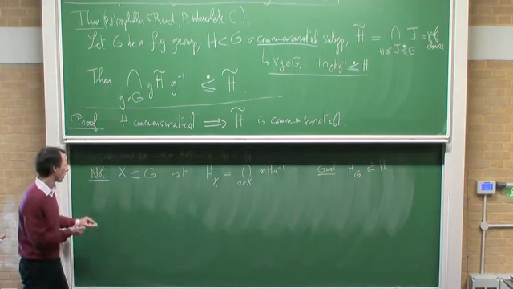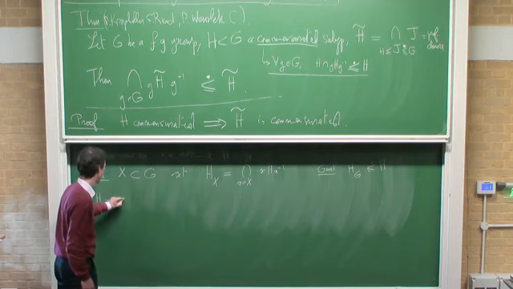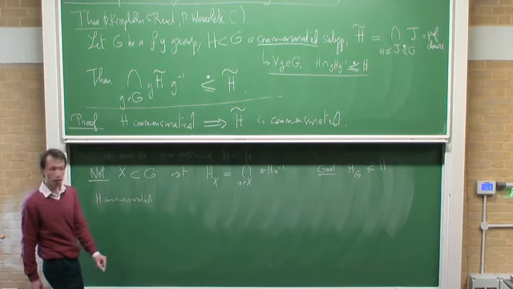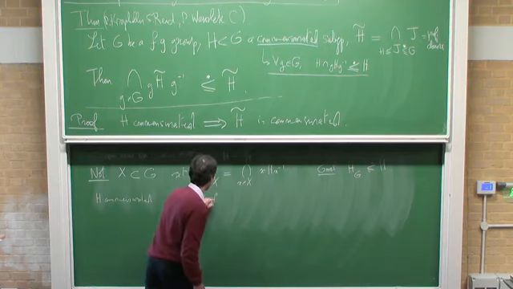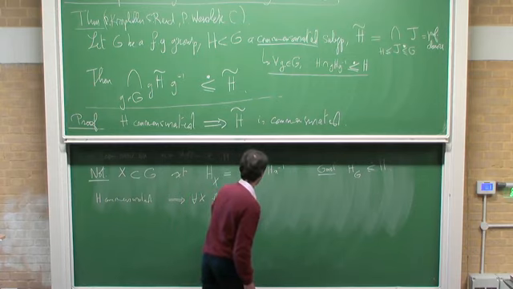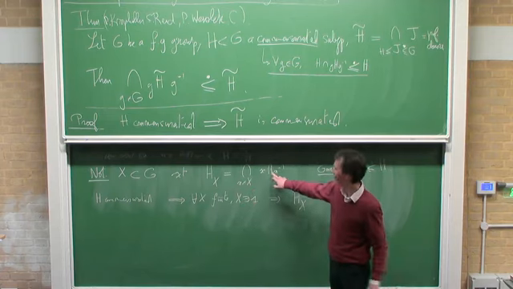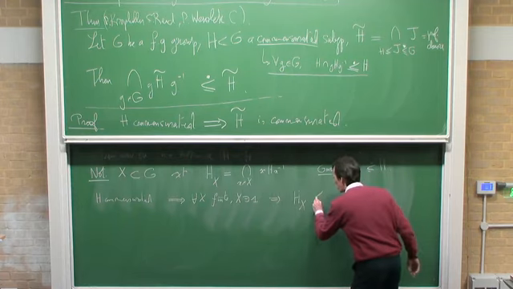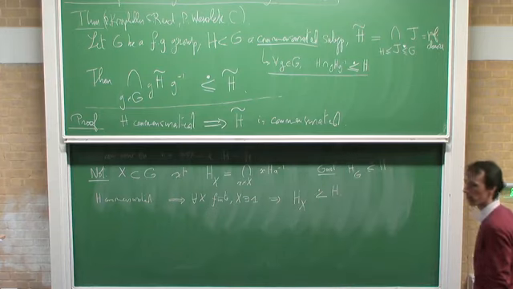Okay. But now, the fact that H is commensurated, what does it mean? It means that if I take X finite, containing the identity, then H sub X will be a finite intersection of conjugates of H, and so this will be of finite index in H. Okay.